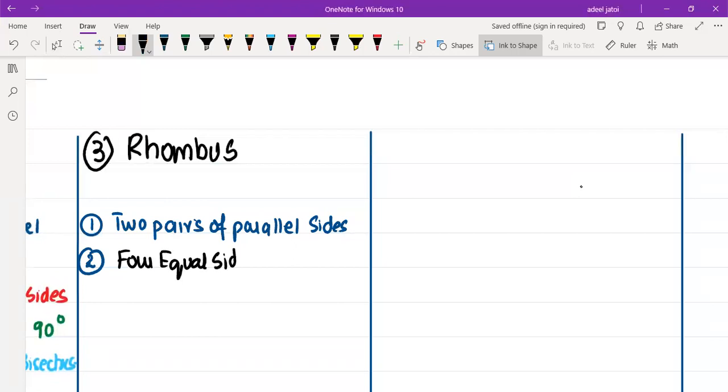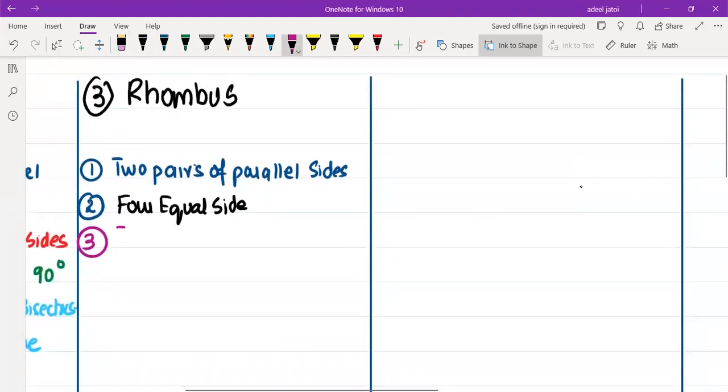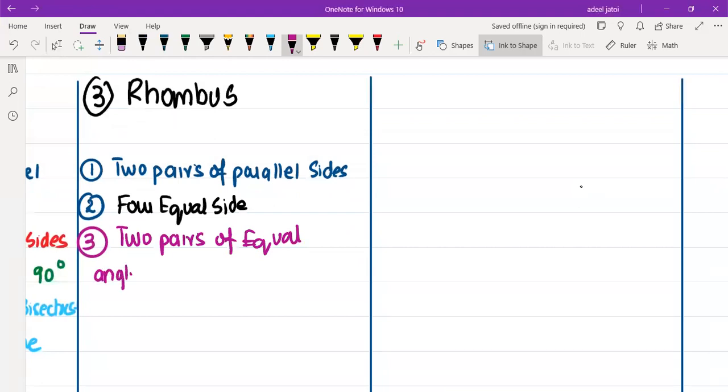We always say rhombus basically is the family member of square. Then we have two pairs of equal angles, opposite angles are equal.